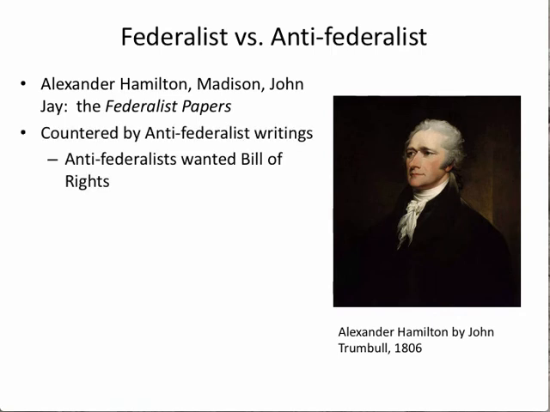However, there were many Americans who were doubtful about the Constitution. It made them nervous for many reasons, and these people were known as anti-federalists. What were some of the criticisms that they made?